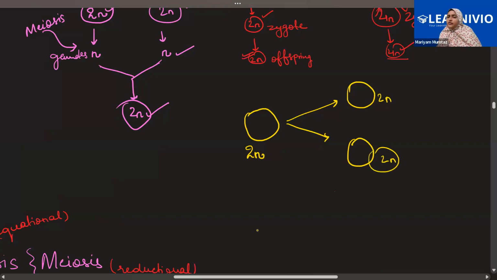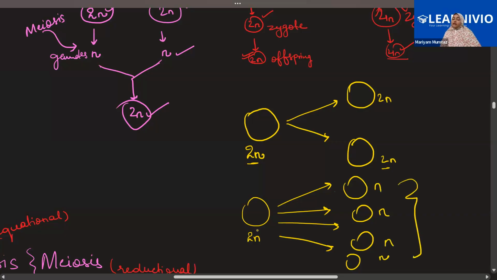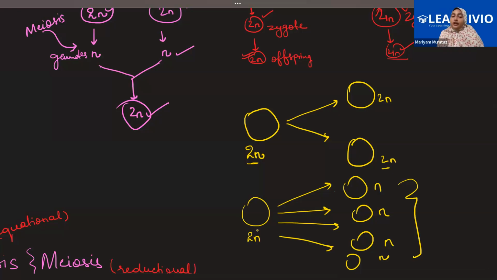The number of chromosomes in the daughter cell and the mother cell is the same, and we call this mitosis. But when the parent cell undergoes meiotic division, meiosis, it forms 4 daughter cells and each of them has half the number of chromosomes. That is, they are haploid. Since the number of sets of chromosomes is reduced by half, we call it reductional division. Clear?